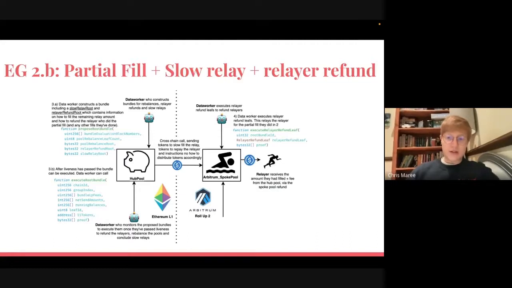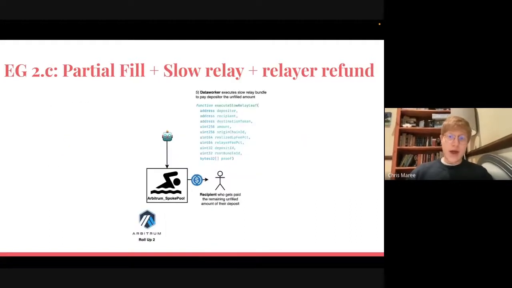When this gets to the spoke pool, we can then call execute relayer refund leaf, and this will repay the relayer, right? So that's the important part. We repay the relayer, and we also store the slow relay route, which is used to fulfill the remaining component of the relay. Then we execute the slow relay leaf, and this pays the recipient.